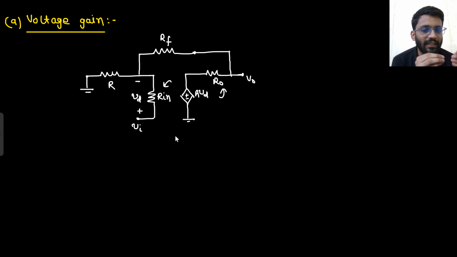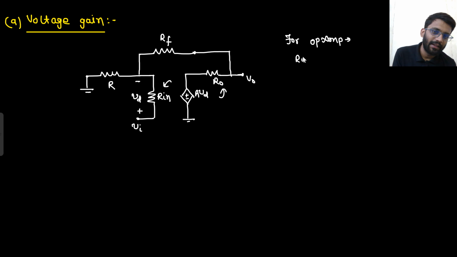And even if the interviewer is asking you, he would expect that you take R in to be infinity and R naught to be 0. So that is the assumption you have to take. If you are finding the voltage gain, it's not that you will take R in to be 0, because the op-amp input impedance is generally high. So you will take R in to be infinity and R naught to be 0.